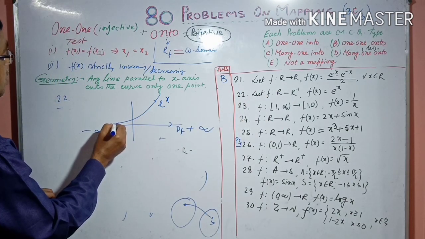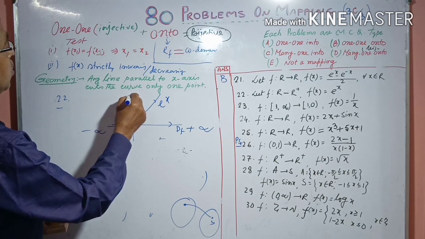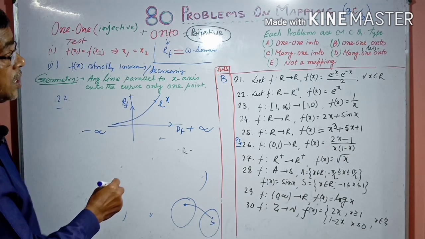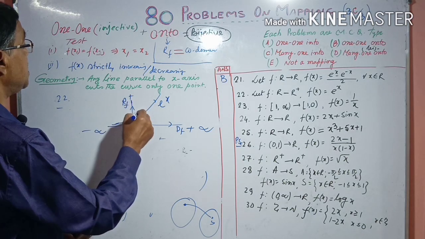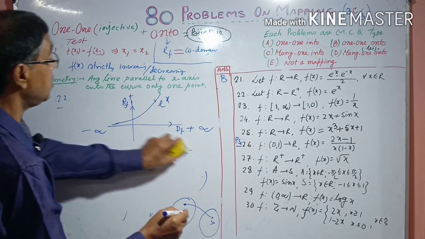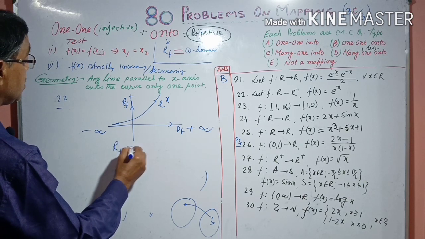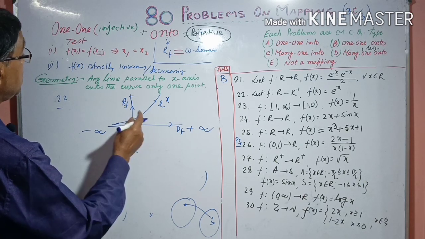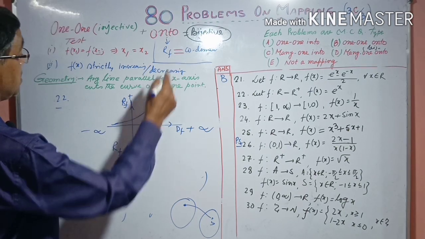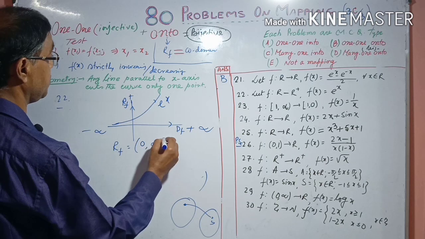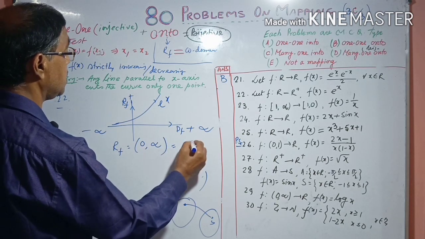The range is always on the positive side, the range of f is always the positive y axis direction. As x tends to minus infinity this tends to 0 and as x tends to plus infinity this tends to plus infinity, so the range is R plus.